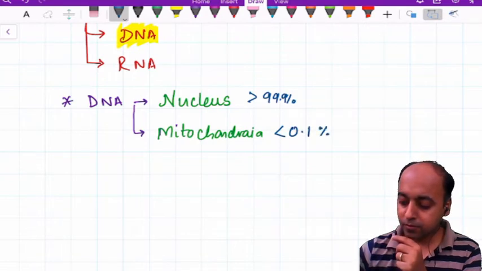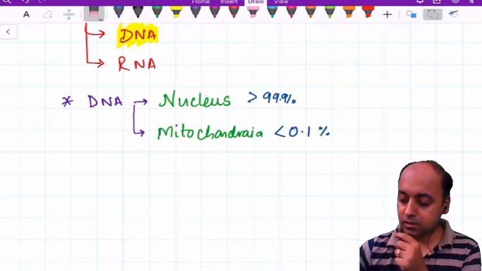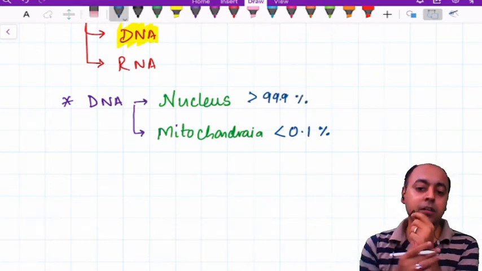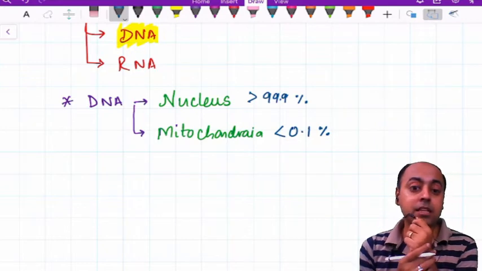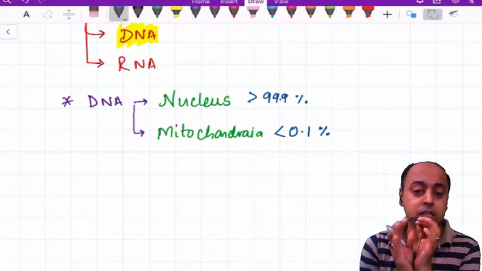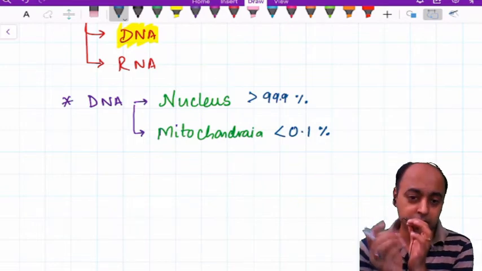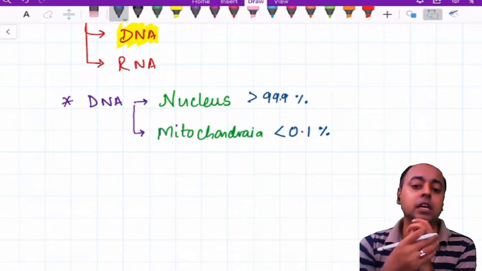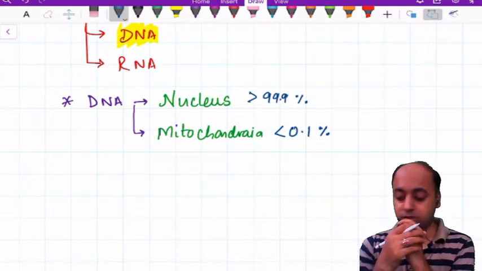This content is less than 0.1%, and together the nuclear and mitochondrial DNA make up the cellular DNA. So within the cell, the DNA will be present either in the nucleus or in the mitochondria. Majority of the DNA is obviously present inside the nucleus.